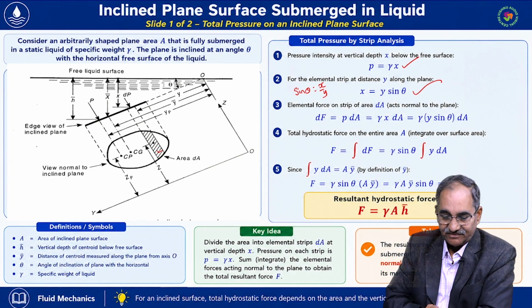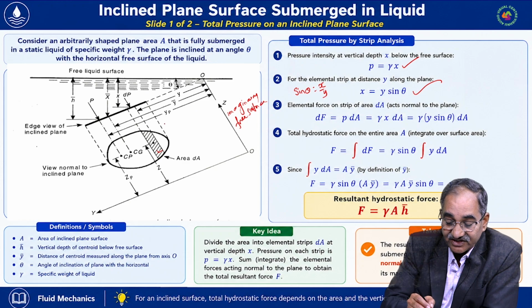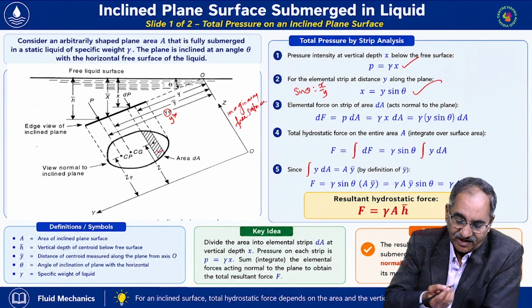Then what next? With respect to this free surface OO, which is an imaginary free surface, y is the distance of the element, y bar is the distance of the centroid, yp is the distance of the center of pressure, or this yp you can call y star. That is the general notation; anything is fine.